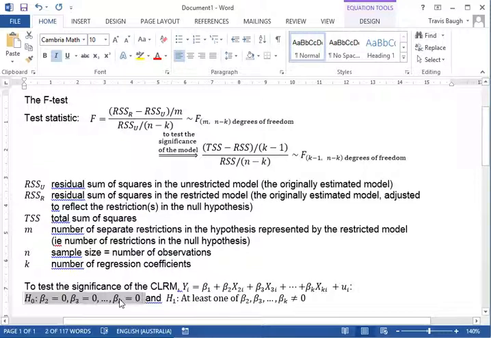If those slope coefficients are equal to 0, it tells us that the variable associated with that coefficient doesn't have any explanatory power in explaining the dependent variable. This test has as its alternative hypothesis that at least one of the slope coefficients is not equal to 0.